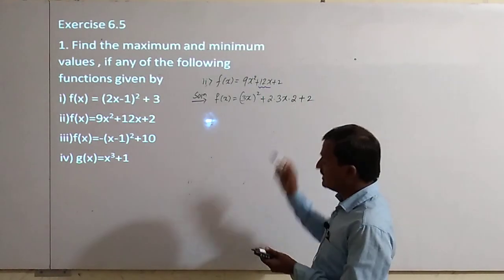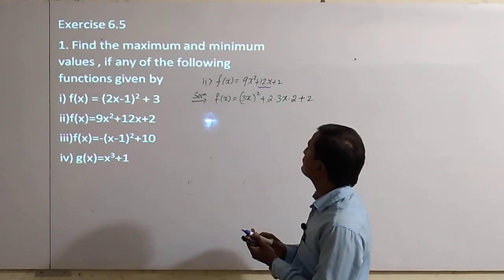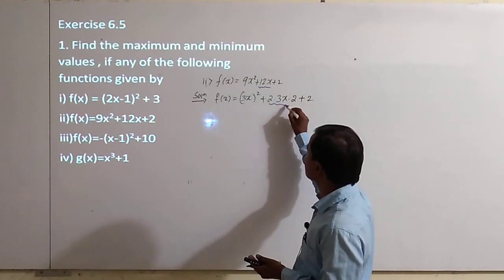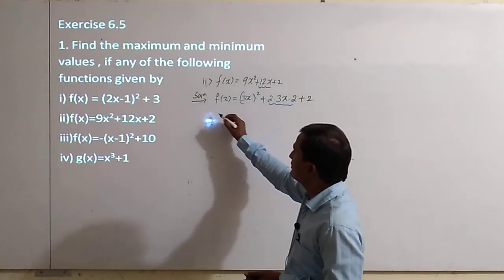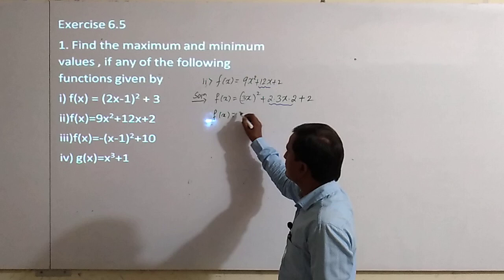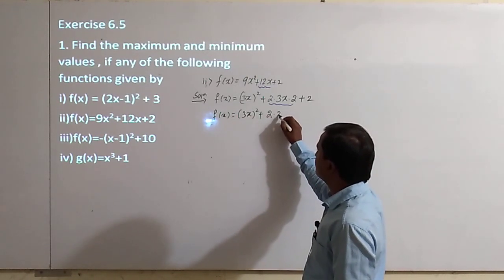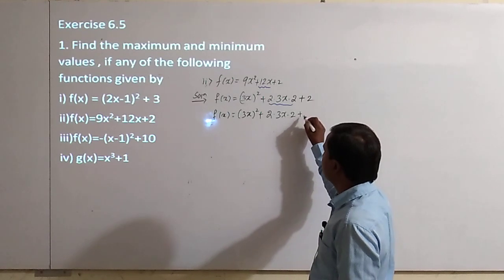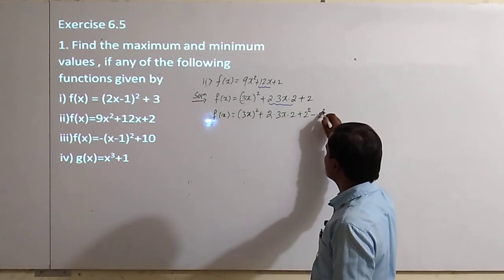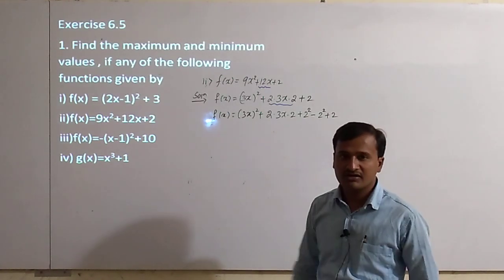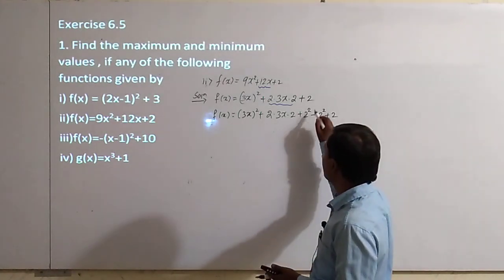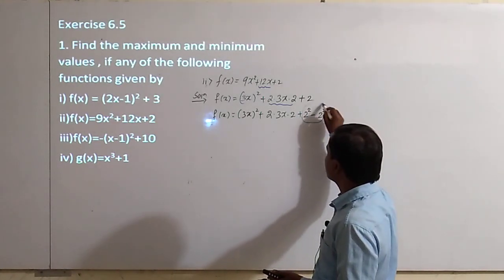Okay, right. Again I will rearrange this one. So this 12x I have written like this. Again I will rearrange: f of x is equal to 3x whole square plus 2 into 3x into 2 plus 2 square minus 2 square plus 2. Is it right? So what I have done here is add and subtract 2 square.